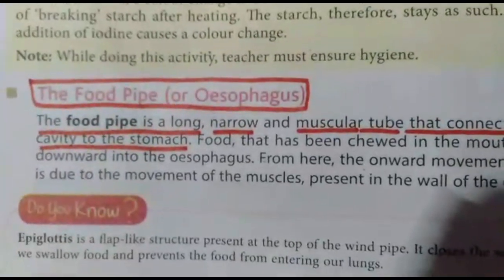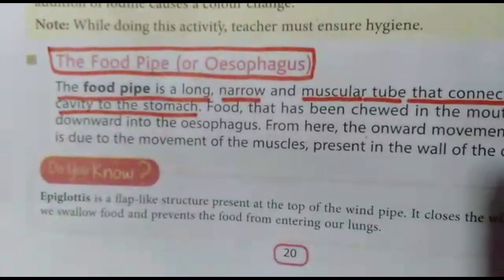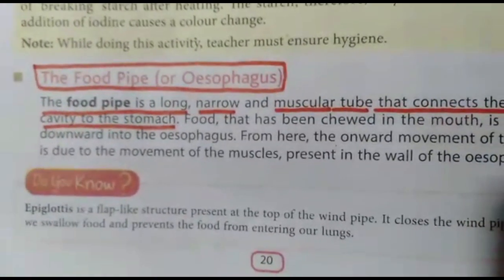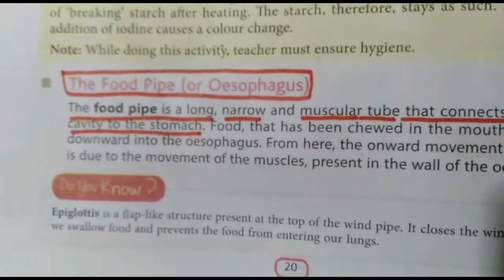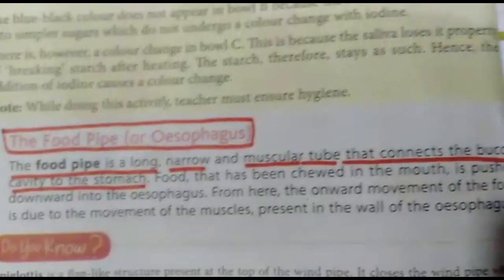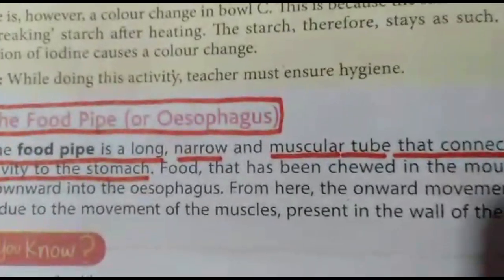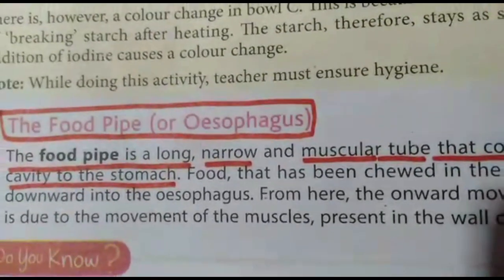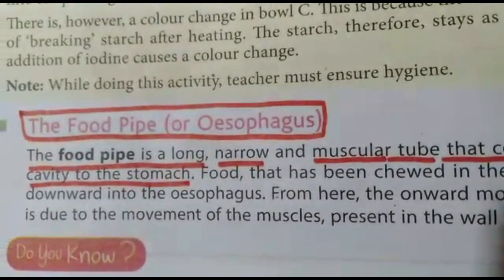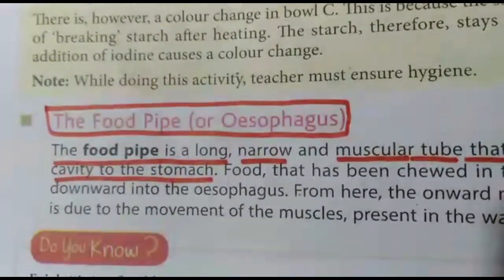Previously we studied the mouth and the buccal cavity. In humans the food is taken in through the mouth and then passed to the buccal cavity, which contains teeth and tongue.